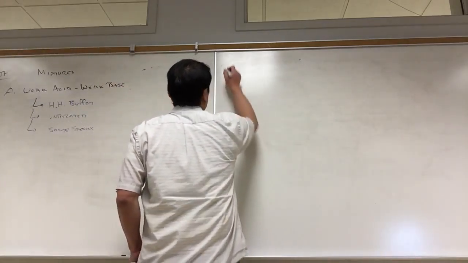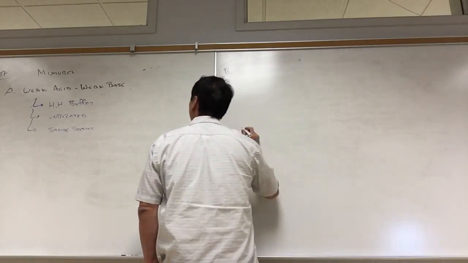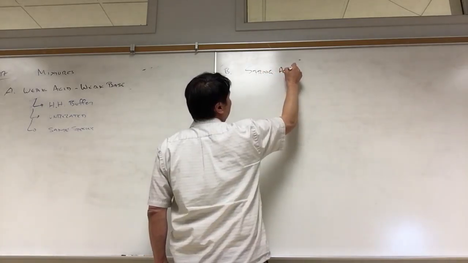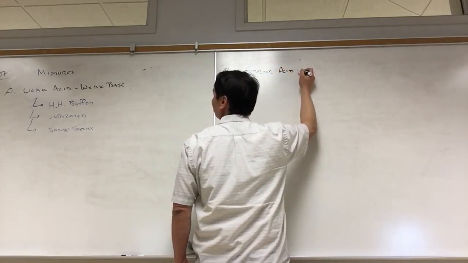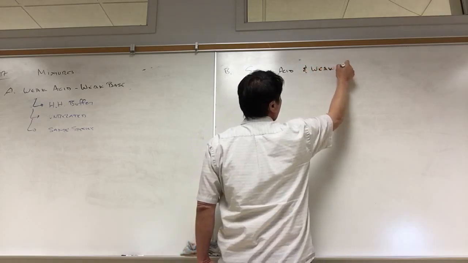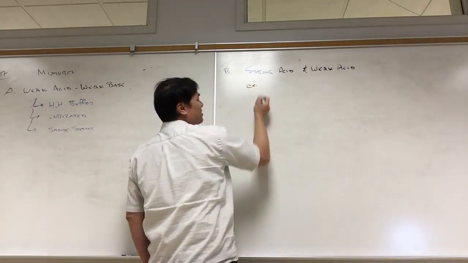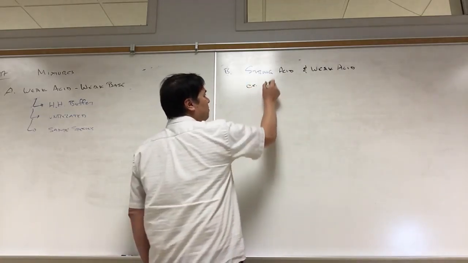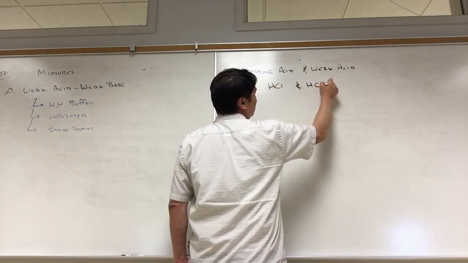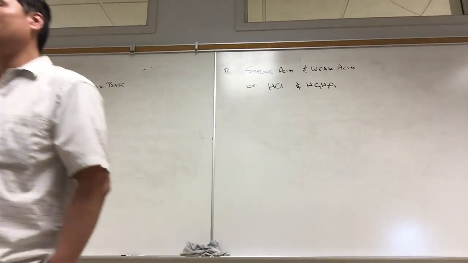All right, let's look at some other mixtures that we're going to encounter. One of the other types of mixtures would be something like a strong acid and a weak acid. An example of a strong acid, weak acid might be something like HCl and acetic acid.